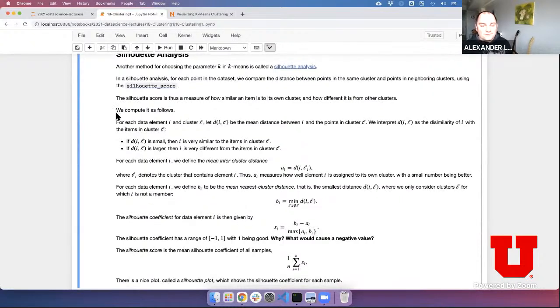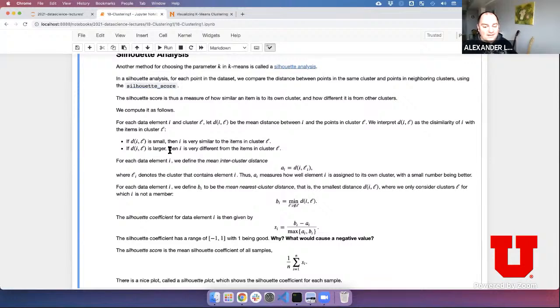We can compute the silhouette score such that we take each data element i and cluster L, and we calculate the distance of i and L. We interpret the distance of i and L as the dissimilarity of i with the items in cluster L. So if our distance between i and L is small, then i is very similar to the items in the cluster.